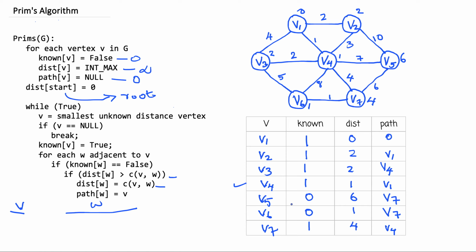Now we have to pick the smallest unknown distance vertex. The smallest unknown distance vertex is the vertex V6. So I'm considering V6. Now I will update the known status of V6 to be true. So I'll be changing this value 0 to 1. If we consider the neighbors of V6, V6 has got 3 neighbors: V3, V4 and V7.